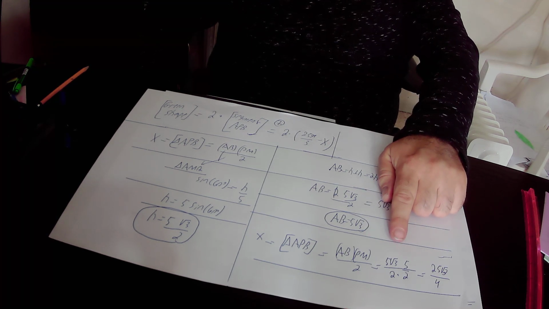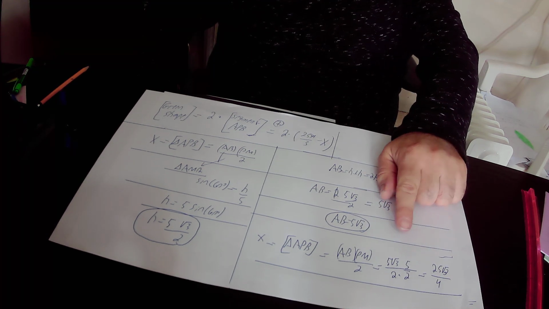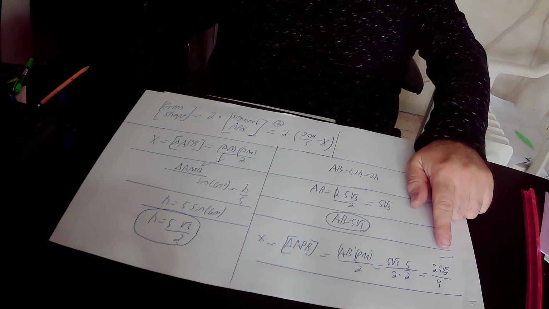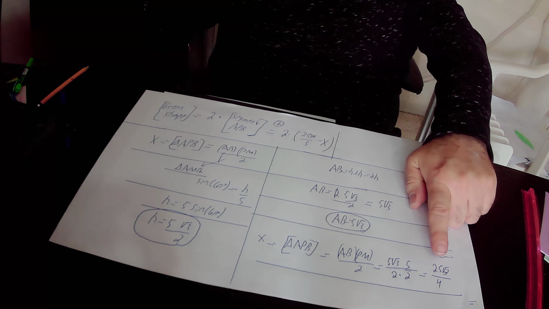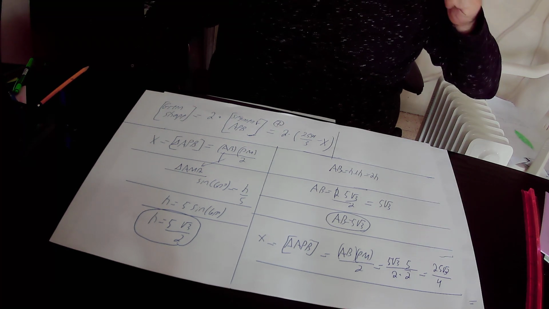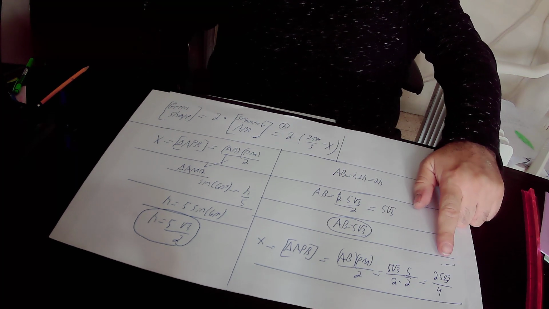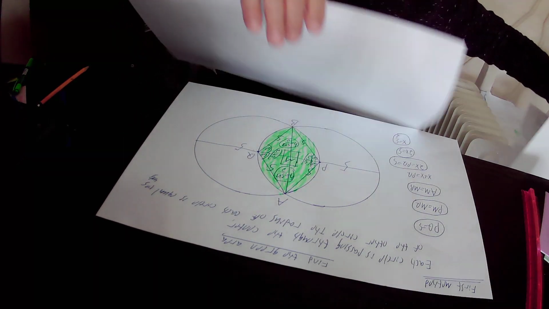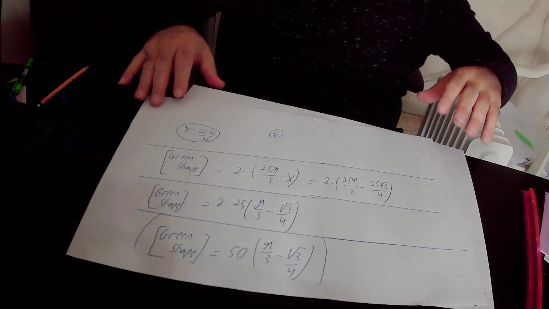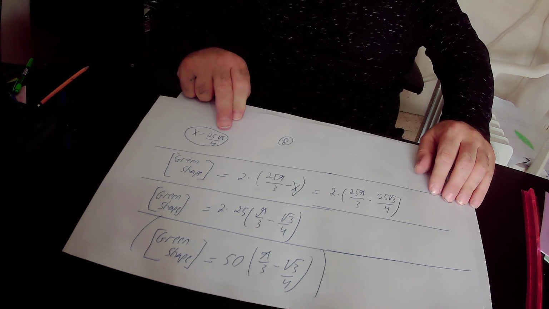Here 5 times 5 is 25, so in the numerator we have 25 times square root of 3, and in the denominator 2 times 2, that is 4. So x equals 25 times square root of 3 over 4.